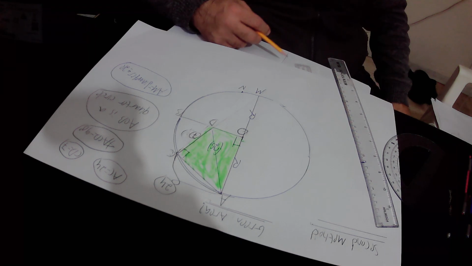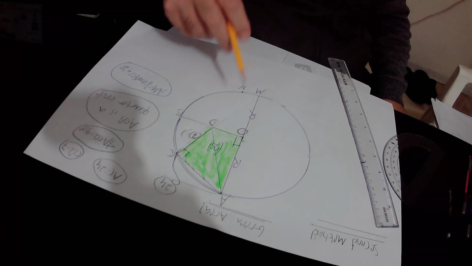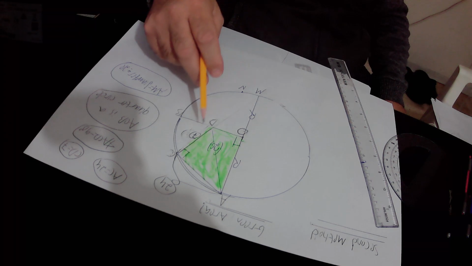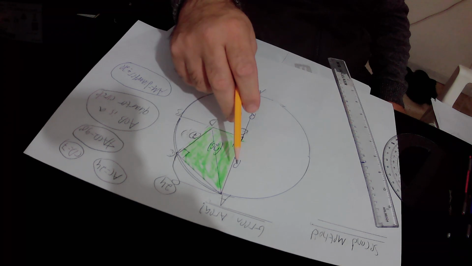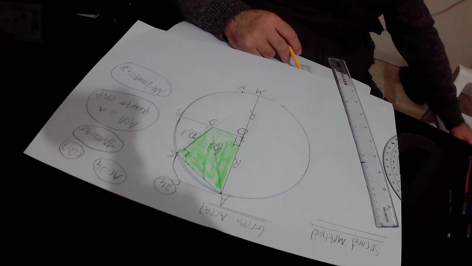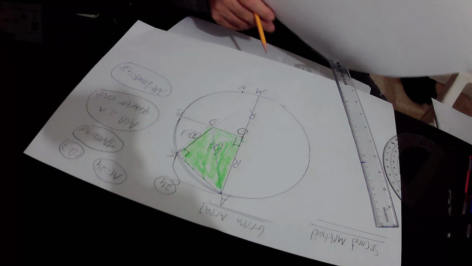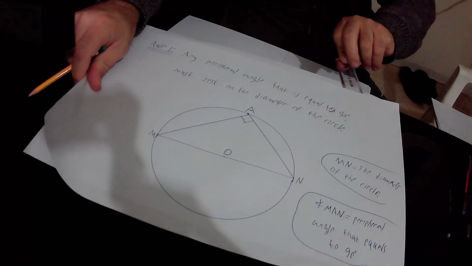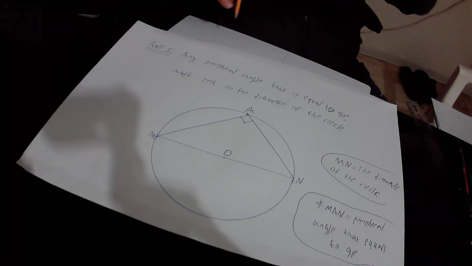But it is impossible that peripheral angle ACN, which equals 90 degrees, rests on AN. Why? Because it contradicts rule number 5. According to rule number 5, any peripheral angle that is equal to 90 degrees must rest on the diameter of the circle.